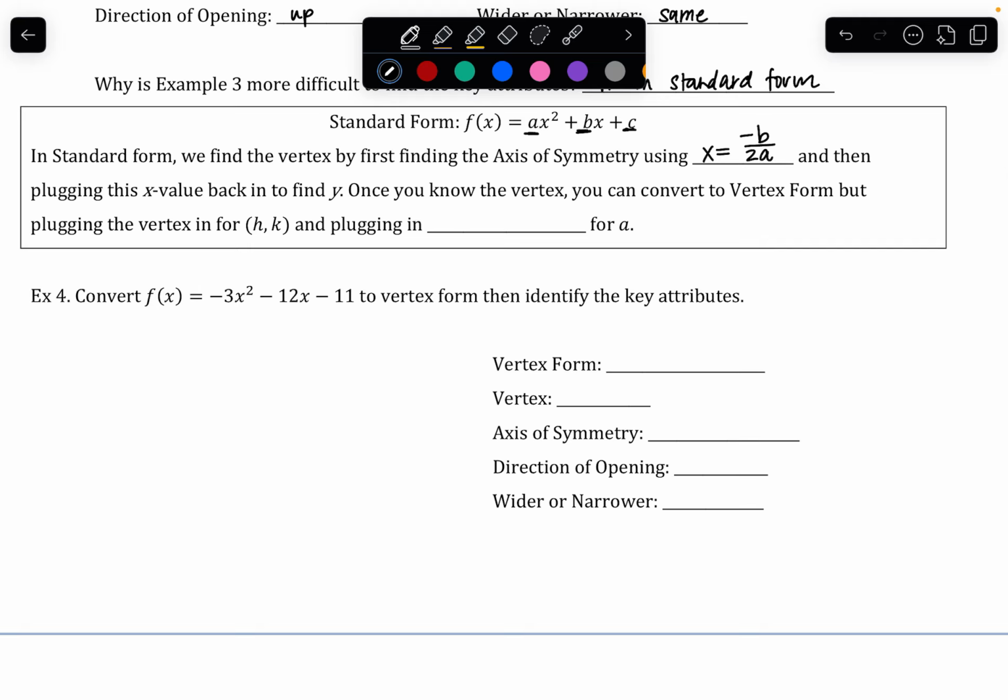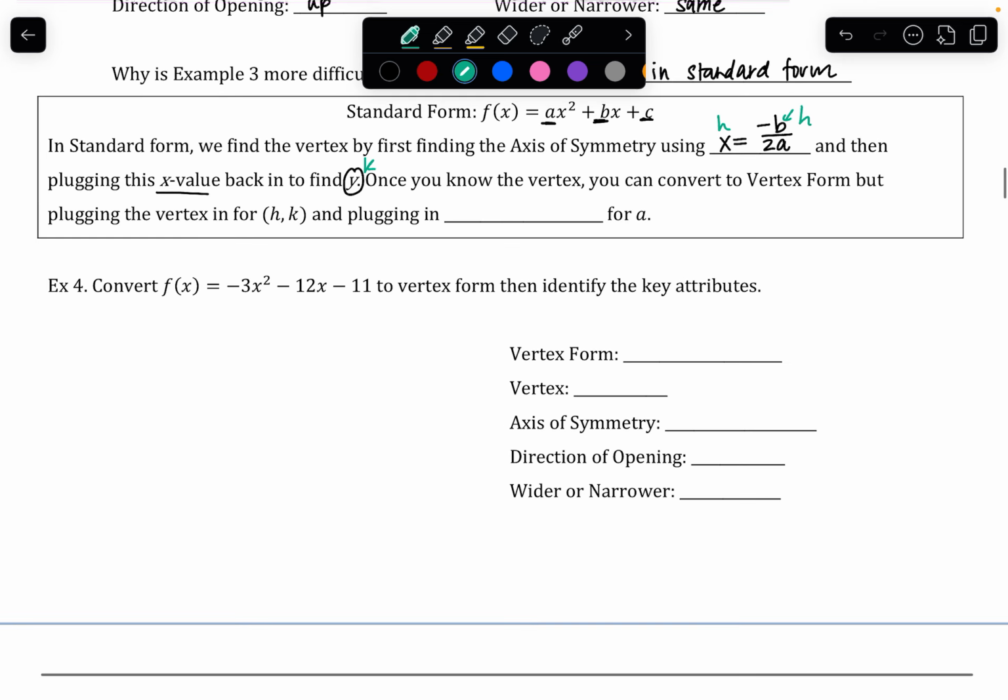And so once you have that value, you can plug the x value back in to find your y. So that will be your h, this will be your k. So oftentimes I'll say h equals negative b over 2a. And then the a value is going to be the same a value regardless of which form we have.